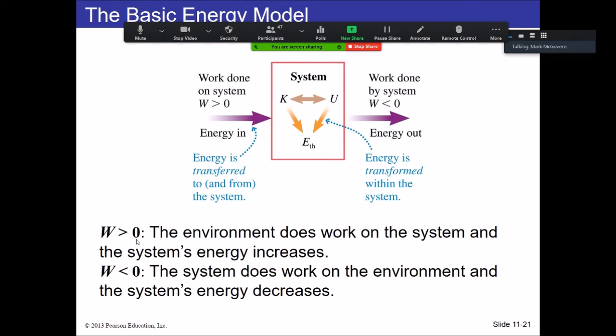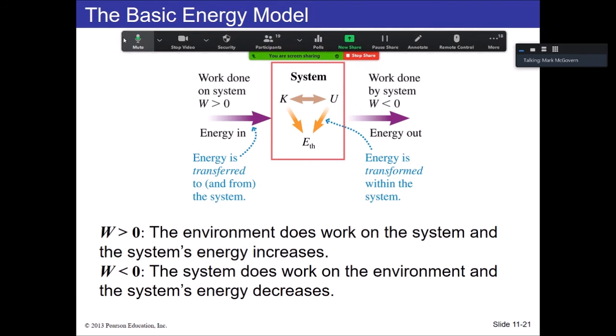So, what things do work? Forces do work. We're going to approach these problems in the same way we did before. We have a system. We identify the forces on the system, and then we look at how it moves. We figure out what the positive works are, what the negative works are, and then we can determine how the system energy changes.